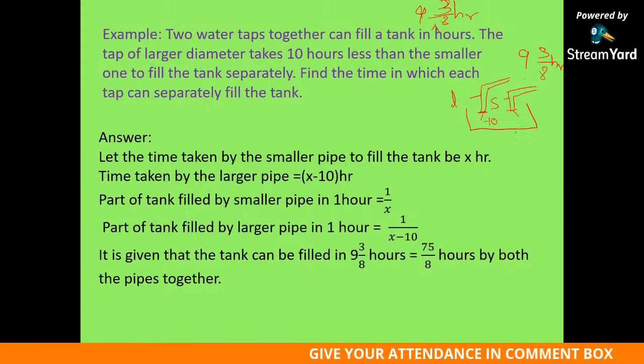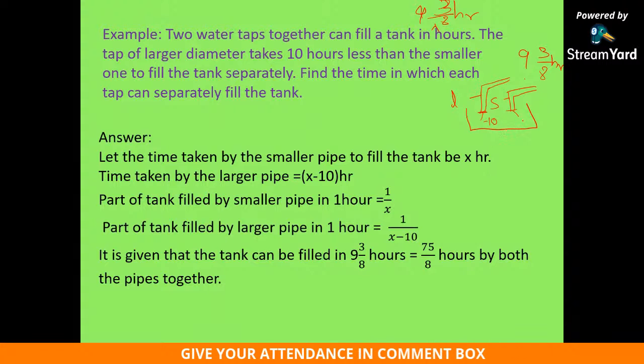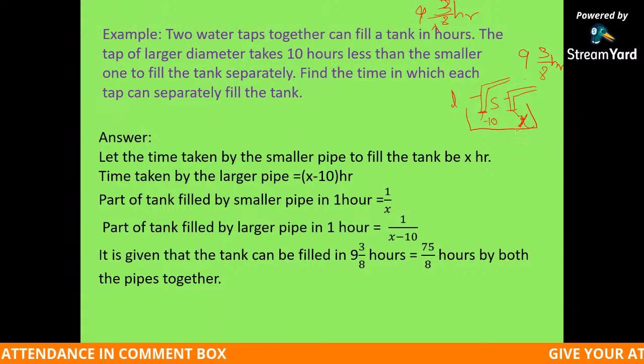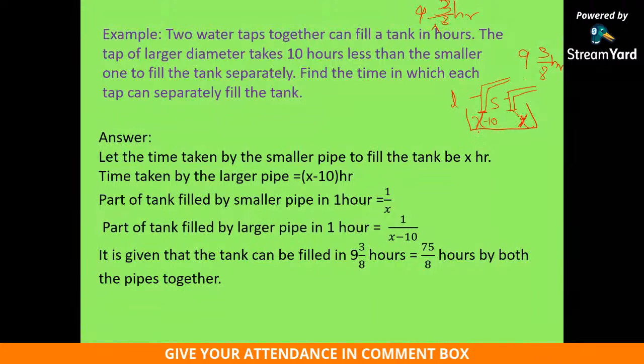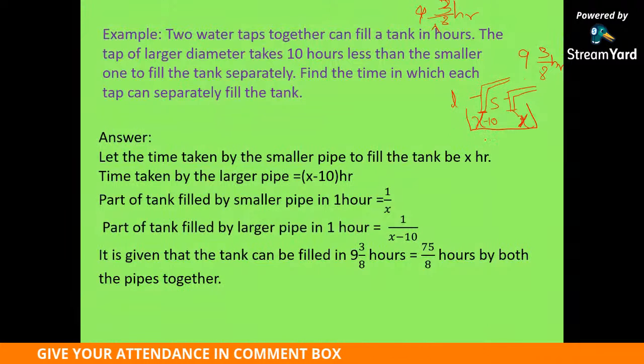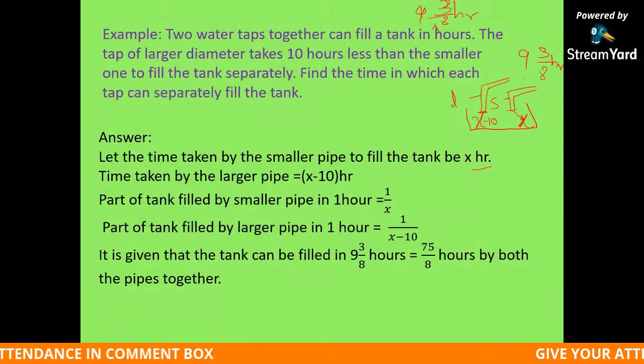That means if we consider the time taken by the smaller tap be x, then definitely time taken by the larger tap will be x minus 10, right? This is the consideration that we are going to do.